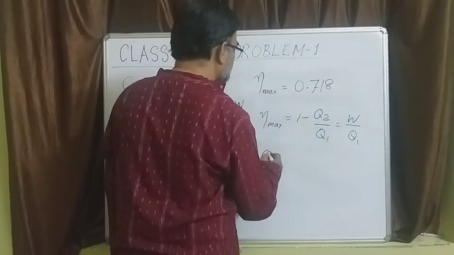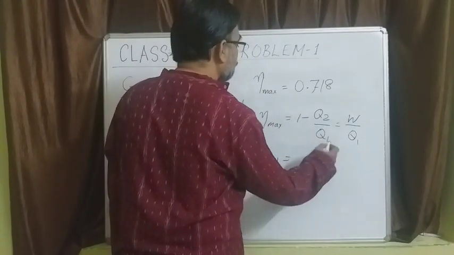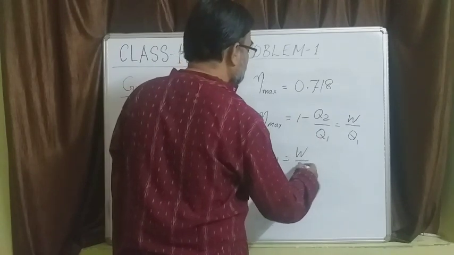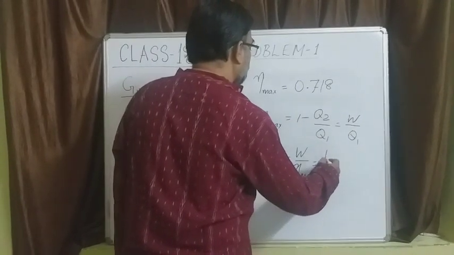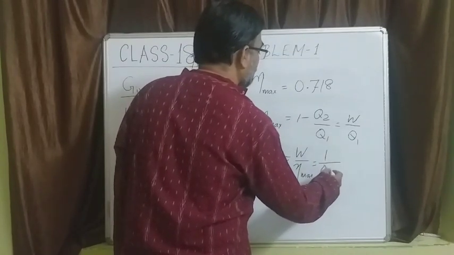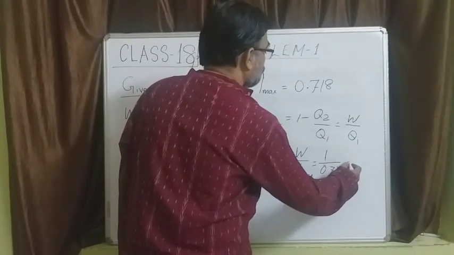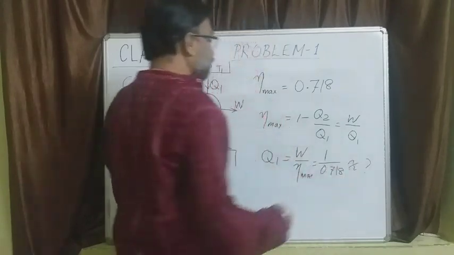Now, what is Q1 then? Q1 will be W by eta max. And you already know what is W. W is 1 kilowatt divided by 0.718. So, you find out what is Q1.